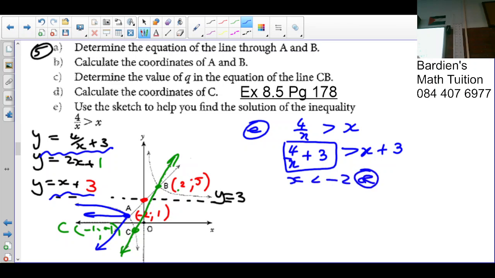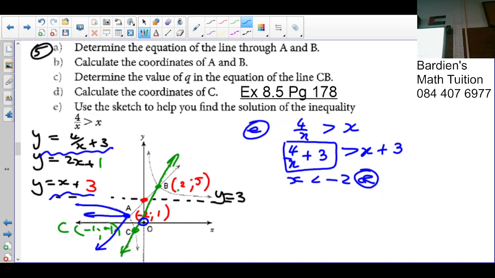Is the hyperbola greater than the straight line here between A and B? Not between A and B, so between A and 0. Can you see? Between A and 0, the straight line is on top of the hyperbola. What do you notice between 0 and B?